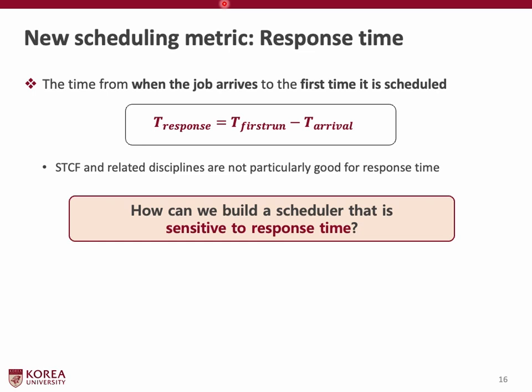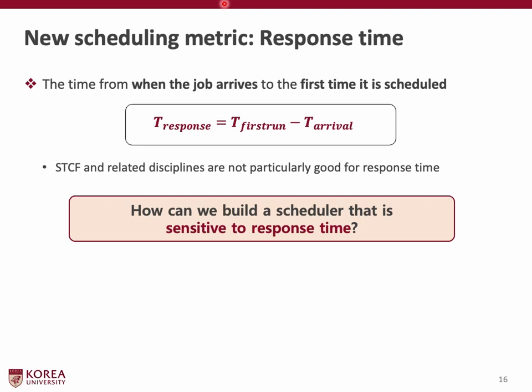While STCF is excellent at minimizing turnaround time, it's not always ideal for response time. In certain scenarios, especially when multiple jobs compete for the CPU, some jobs may have to wait a while before they even get a chance to run. Imagine you're watching a long movie on your computer and then you try to open a word processor to type something.